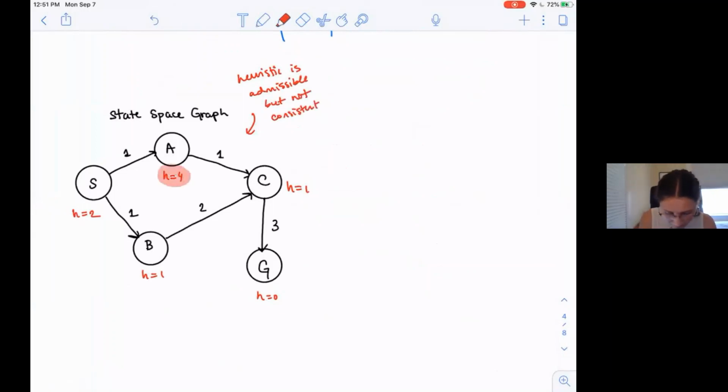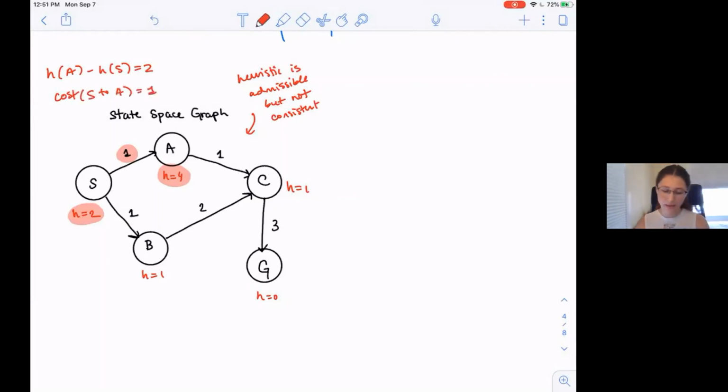Well, let's think about this example right here. If I'm doing that sanity check for consistency, what am I going to do? I'm going to say, well, what's the heuristic of A minus the heuristic of S? That's going to be 4 minus 2. And then I'm going to ask myself, what's the actual cost from S to A?